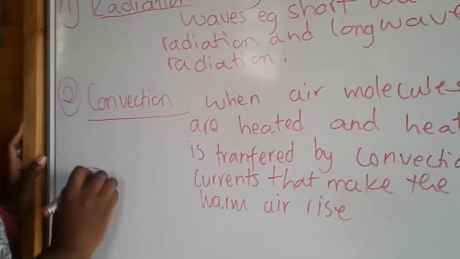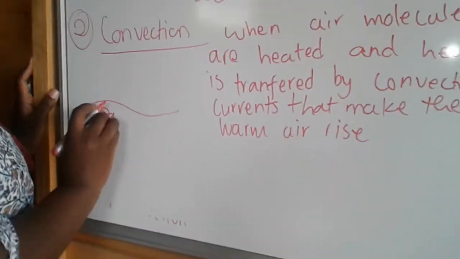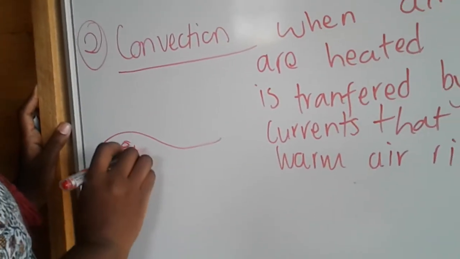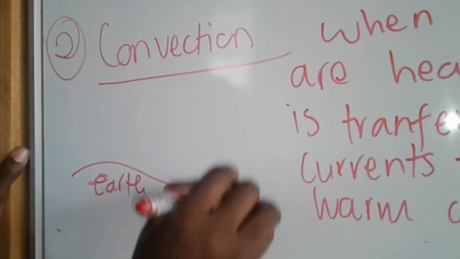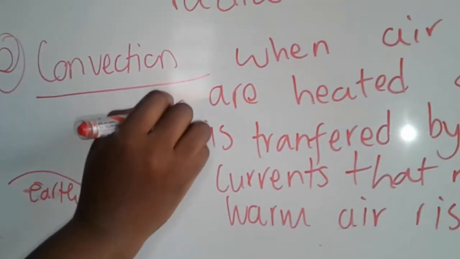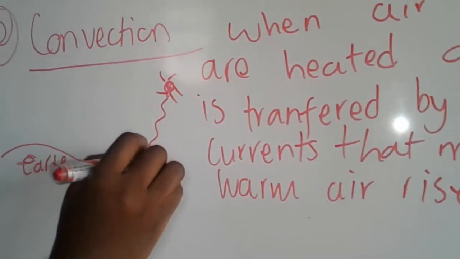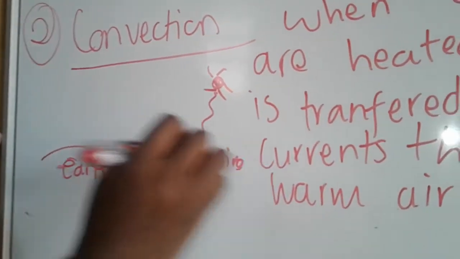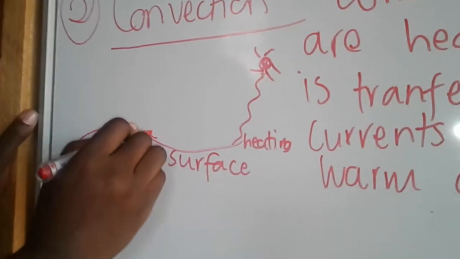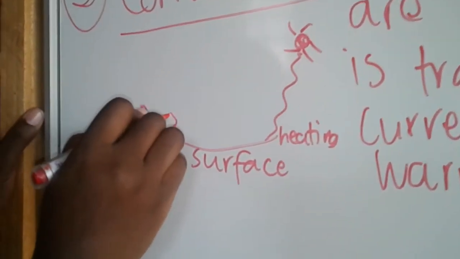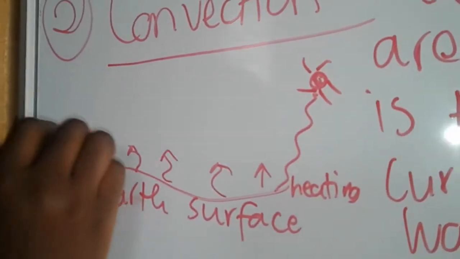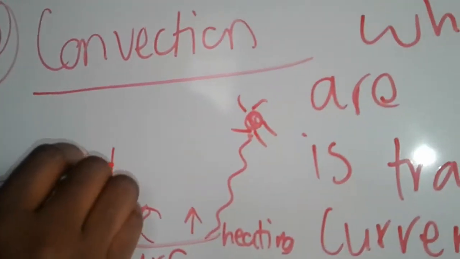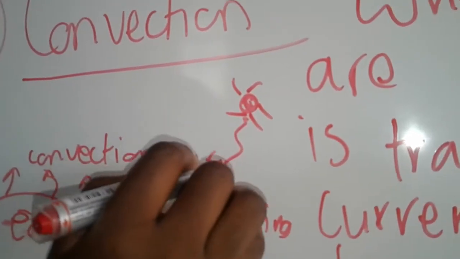So let's say this is our Earth. This is the Earth surface. And then we have heating taking place here. When the Earth absorbs the heating, heat is transferred from the ground by convection currents.